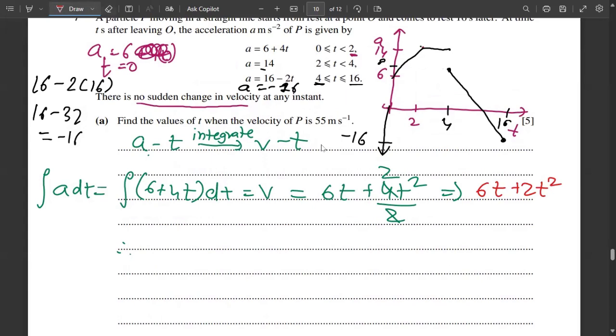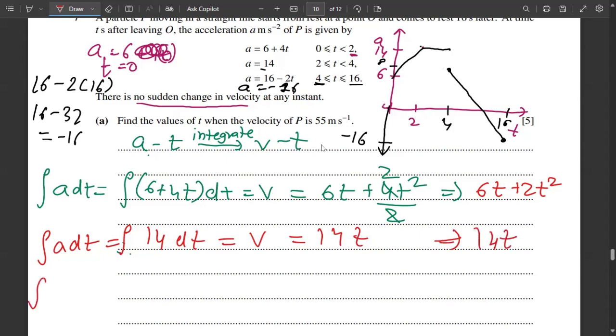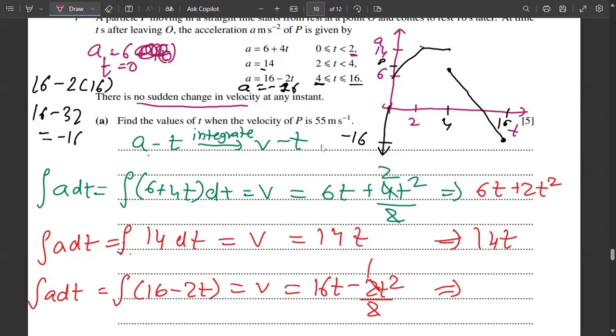Now moving to the next one, integral of A dt is equal to integral of 14 dt, which is equal to v, which is equal to 14t. So the next one is 14t. Moving to the next one, integral of A dt is integral of 16 minus 2t equals v, which is equal to 16t minus 2t square upon 2. 2 cuts to 1, which gives us 16t minus t square.